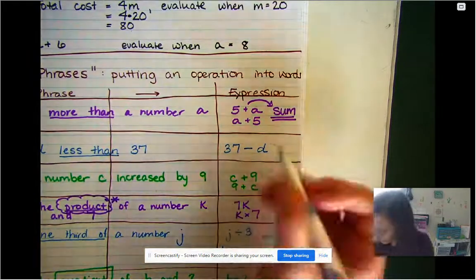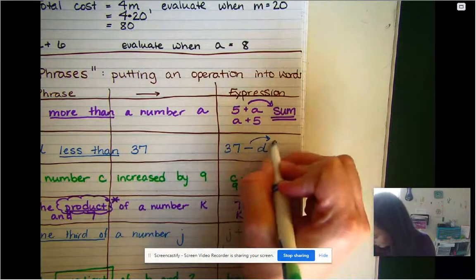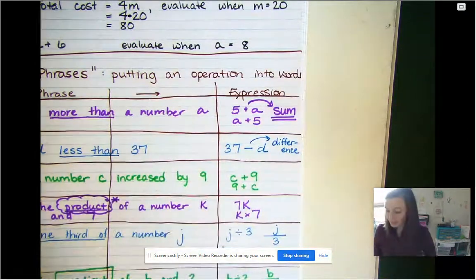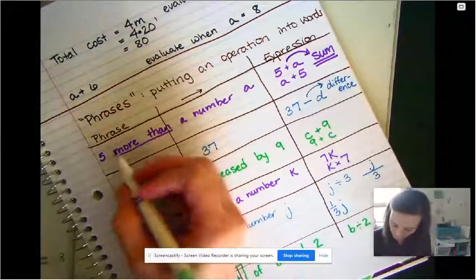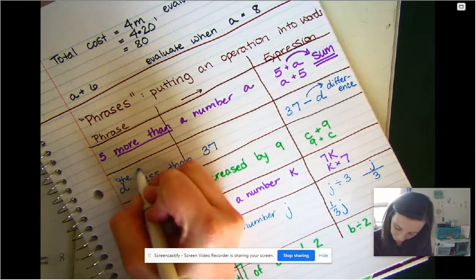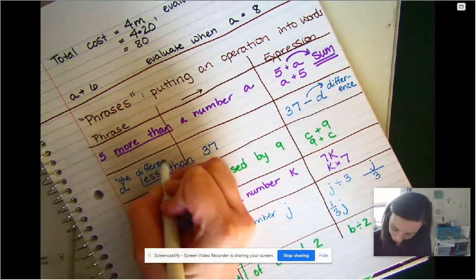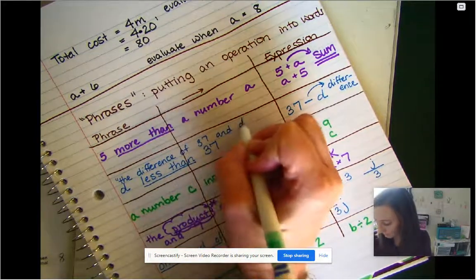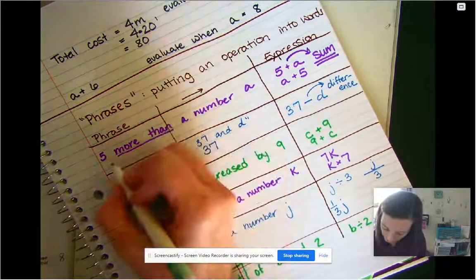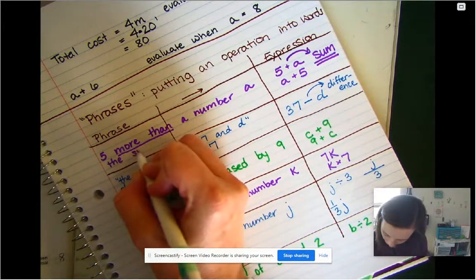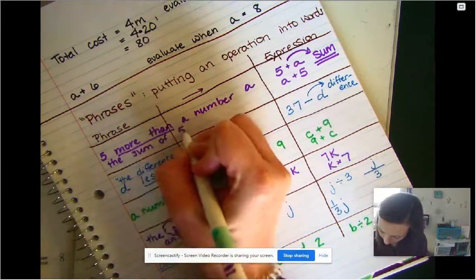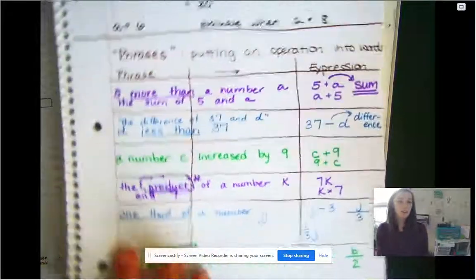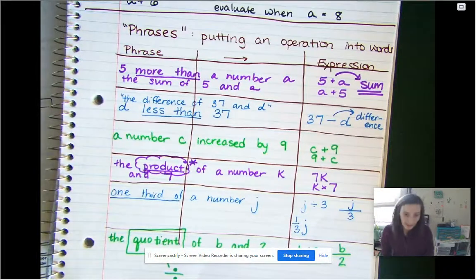And when we subtract, that word is the difference. So if it said the difference of 37 and D, or up here it could have been the sum of 5 and A. All right, that's our video.